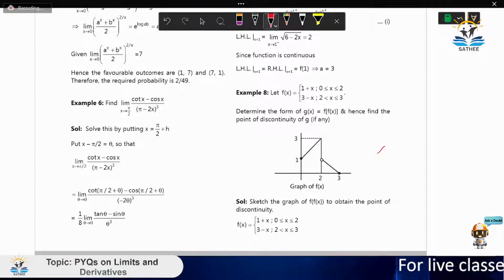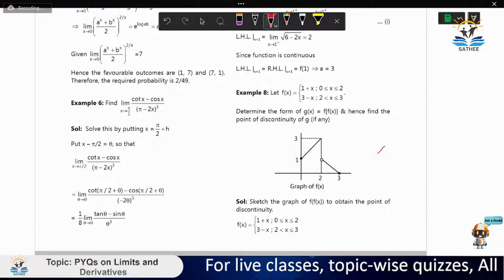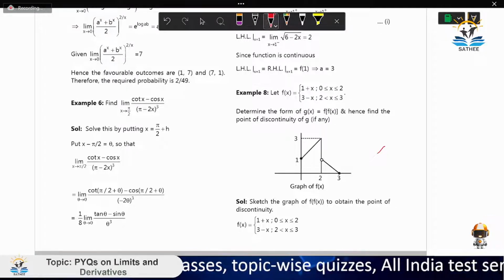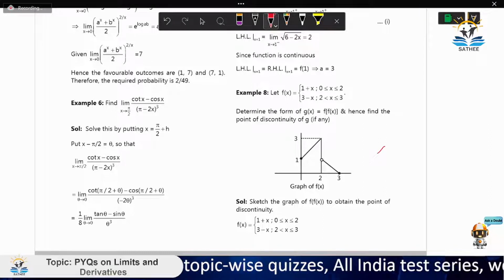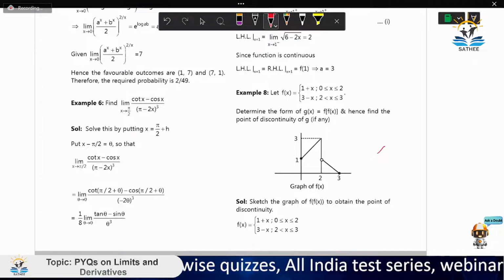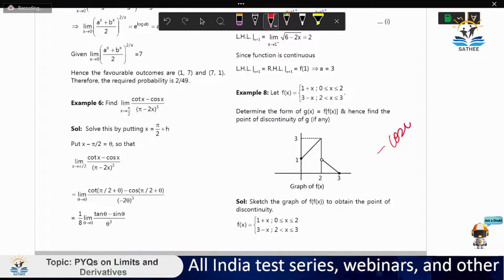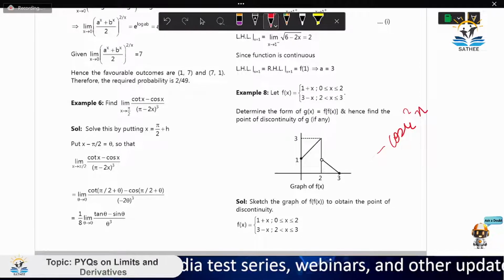Is it minus or is it plus? It is minus of cosec square x.